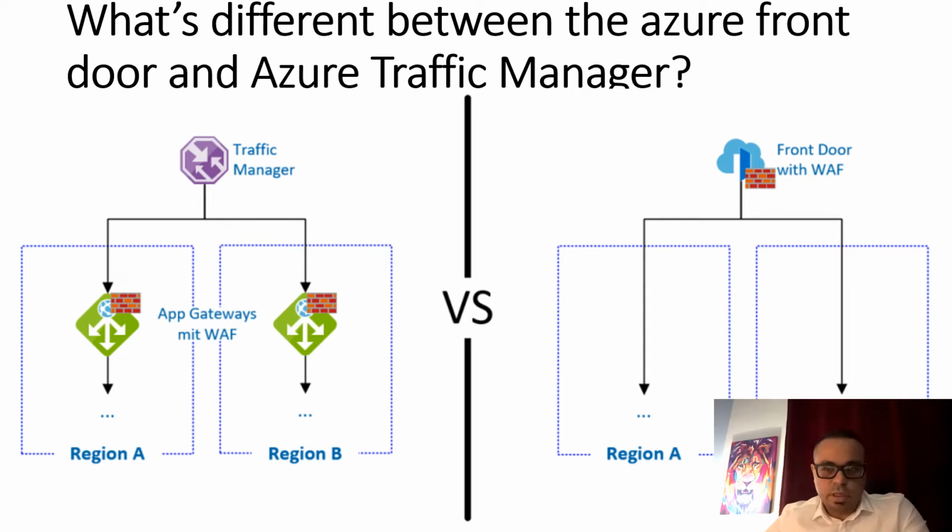Here is a good point: we can perform URL rewriting in Azure Front Door, but Traffic Manager doesn't have this. We can rewrite URLs in Azure Front Door, but in Azure Traffic Manager it's not applicable. Now let's go with layer 7 reverse proxy.